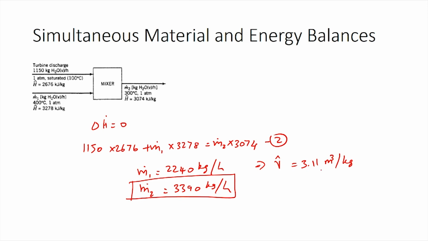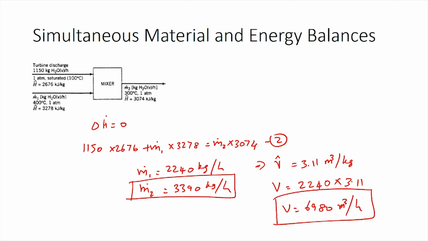Using the specific volume, we can calculate the volumetric flow rate V as the mass flow rate, 2240, times the specific volume, 3.11, giving a volumetric flow rate of 6980 meter cube per hour. So, this would be the volumetric flow rate.